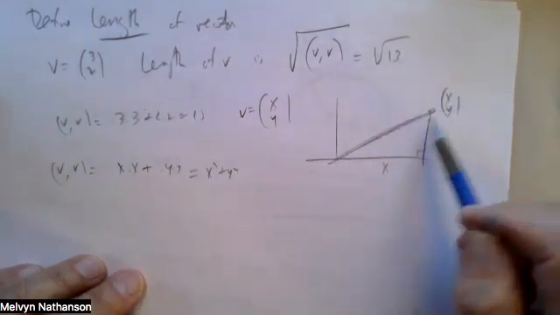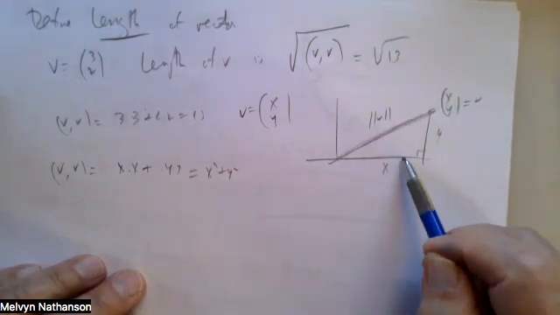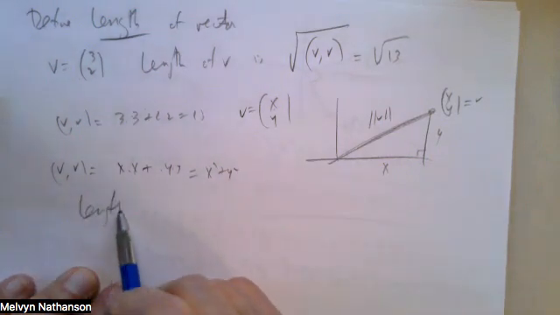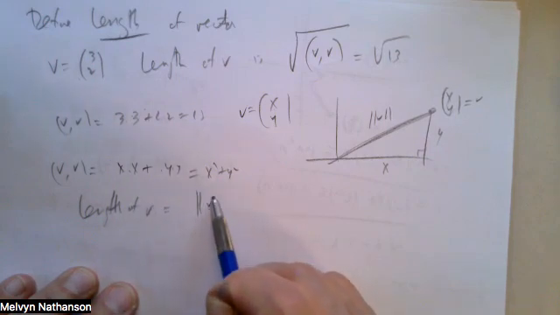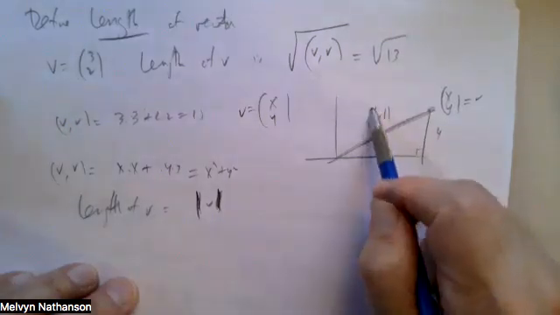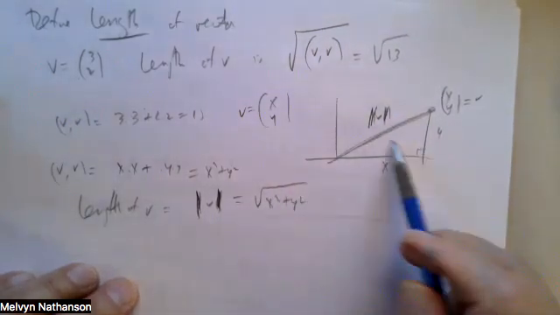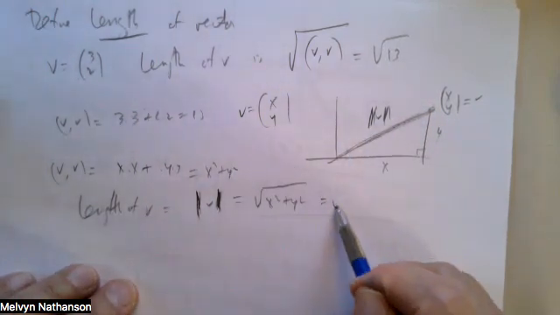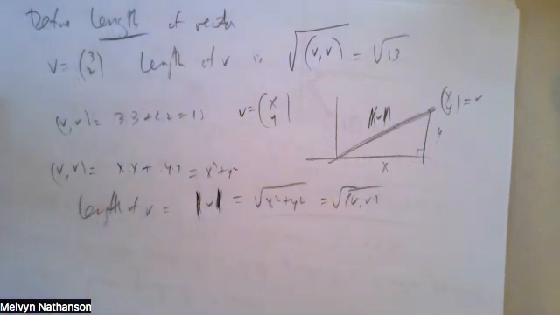What is the length of the vector v? Well, by the Pythagorean theorem, the length of v, which we usually write with absolute value signs around it, is the square root of x squared plus y squared. That's exactly the square root of the inner product of v with itself.